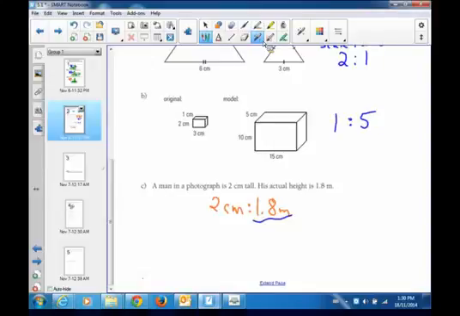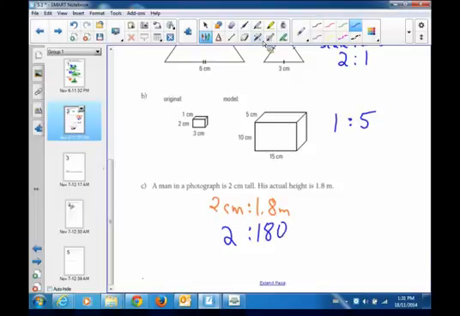1.8 meters? 180 centimeters. I'm trying to see if you can reason this through. He's saying, yeah, 2 to 180. Now they're matching. I don't have to include centimeters. But if that didn't make sense to you, and it's fine if it doesn't, you could just say, well, I know there's 100 centimeters to 1 meter.